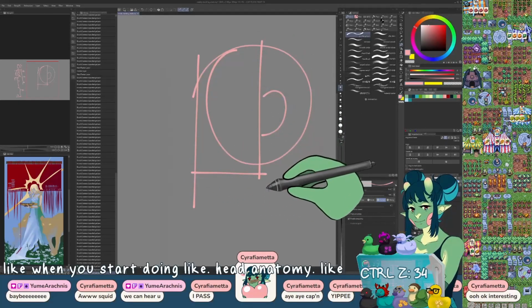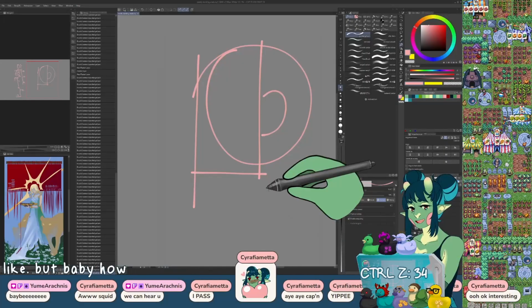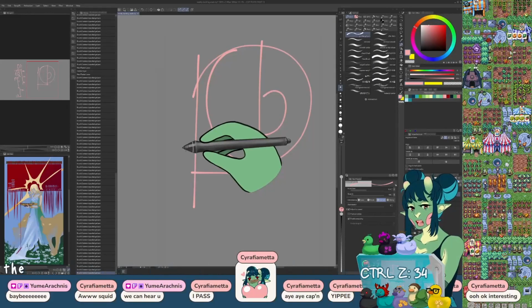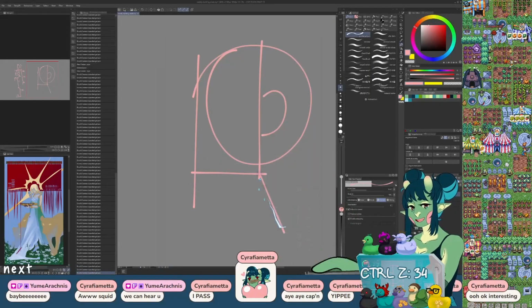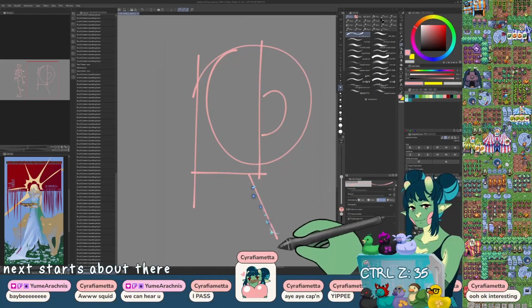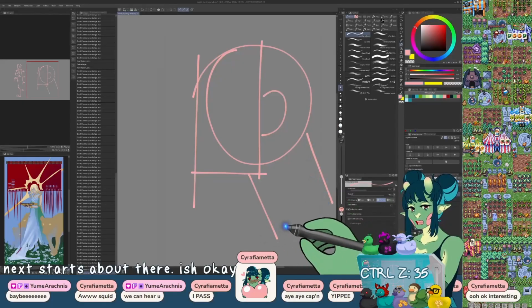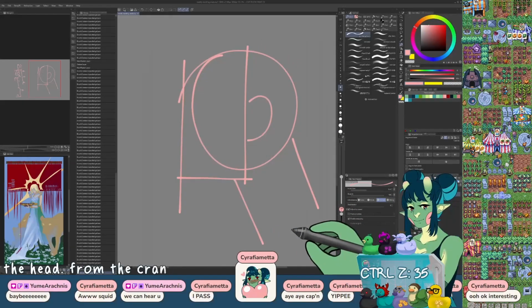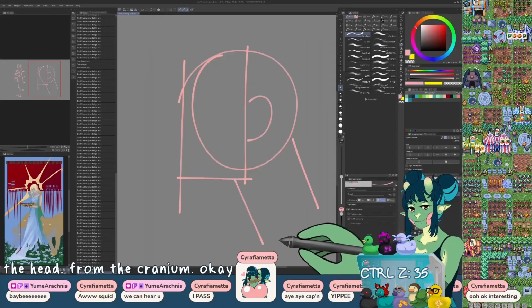When you start doing head anatomy, right? Well, Vivi, how did you know where to place the ear? The ear is about halfway back from the front of the face. Always. The neck starts about there, ish. Okay? And it's always angled coming out of the head, from the cranium. Okay?